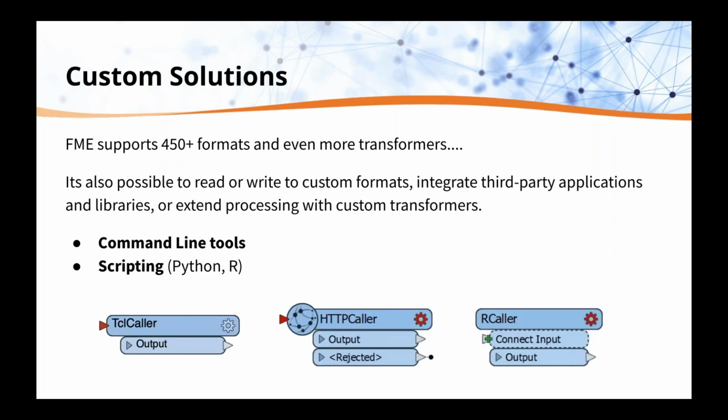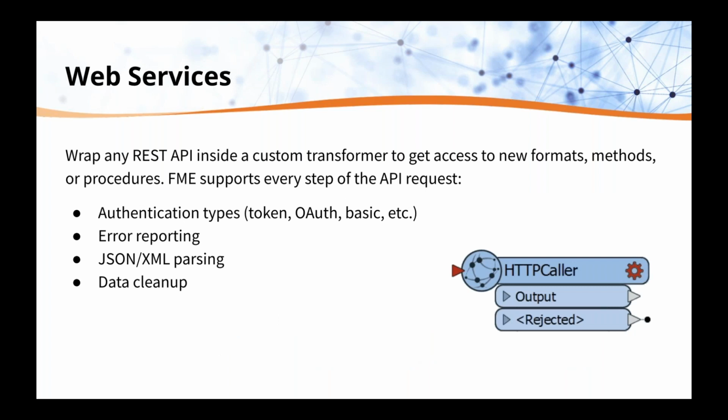FME, as you know, supports a lot of formats and even more transformations and translations. But if you want to get creative, it's a great idea to wrap up scripting and command line tools inside of custom transformers. It allows us to obscure a lot of complexity and make user-friendly tools for custom formats and processes. This also applies to API workflows. If an application or a web service has an API, we can wrap up this request with a custom transformer so that it can be integrated directly with FME.